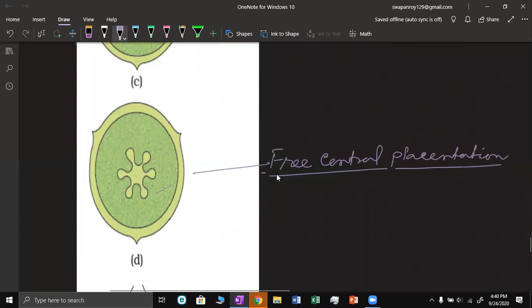But in free central, the ovary is one chambered, and all the ovules or the placental tissue are attached to the central axis.